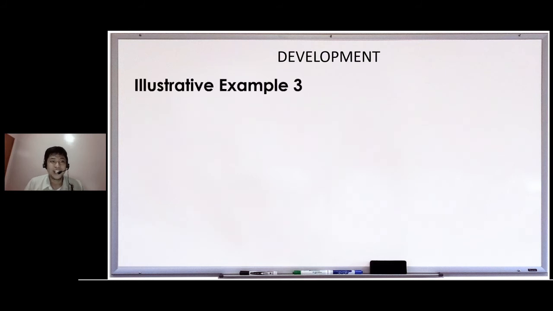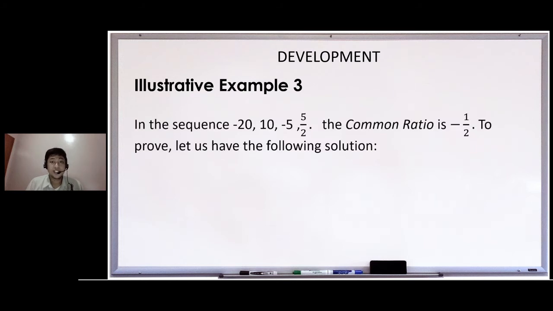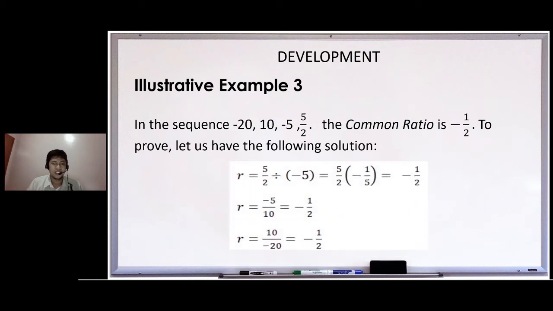Let's have illustrative example number 3. In the sequence negative 20, 10, negative 5, 5 halves, the common ratio is negative 1 half. So let us prove. To prove that, we're going to divide each term by the preceding term. 10 divided by negative 20, negative 5 divided by 10, then 5 halves divided by negative 5.